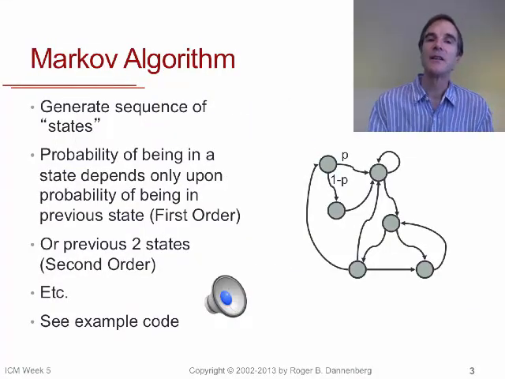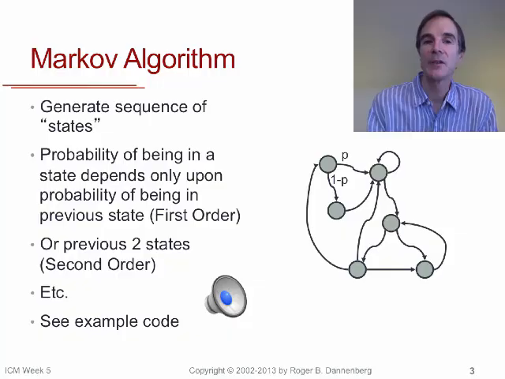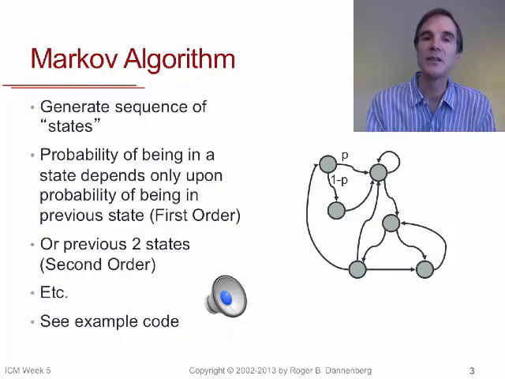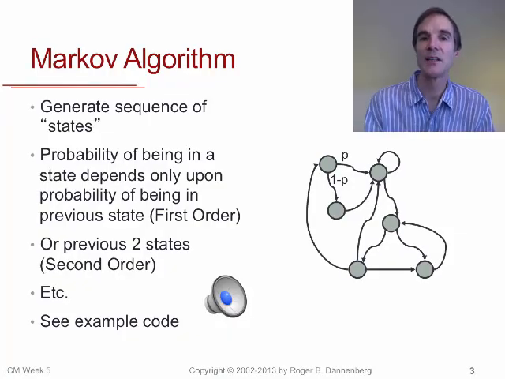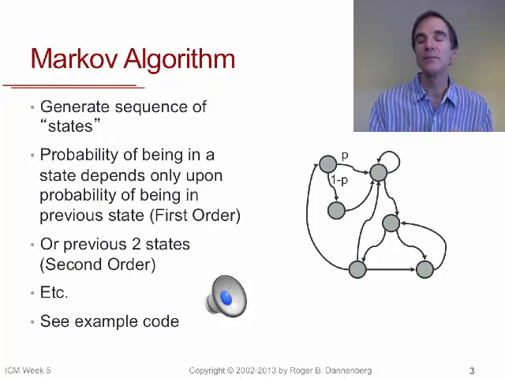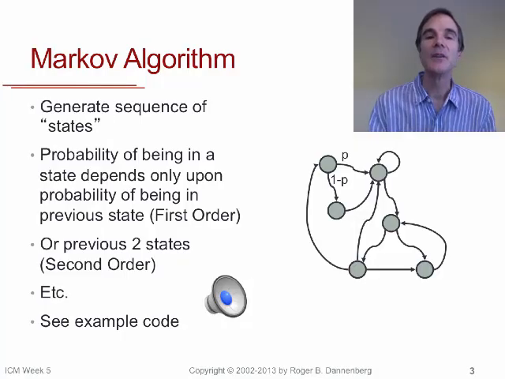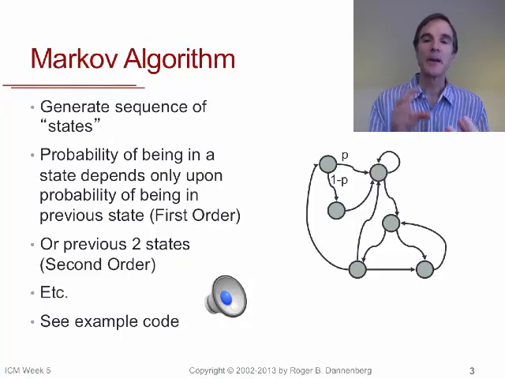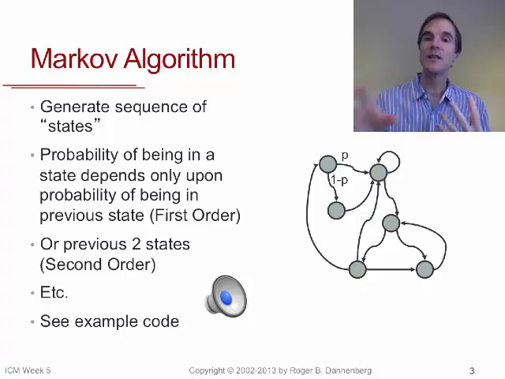Another technique for algorithmic composition that's very commonly used is the Markov process or Markov algorithm, where we think of music, or really any process, as a sequence of states, and there's some probability of going from one state to another state.